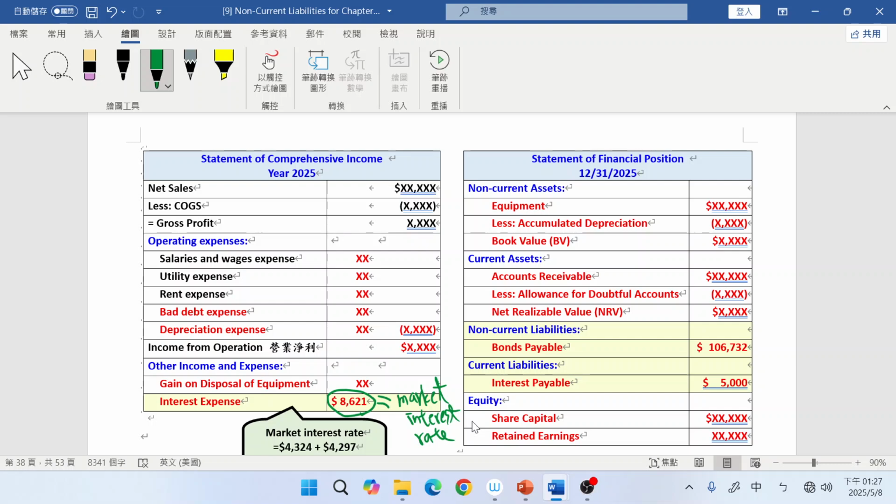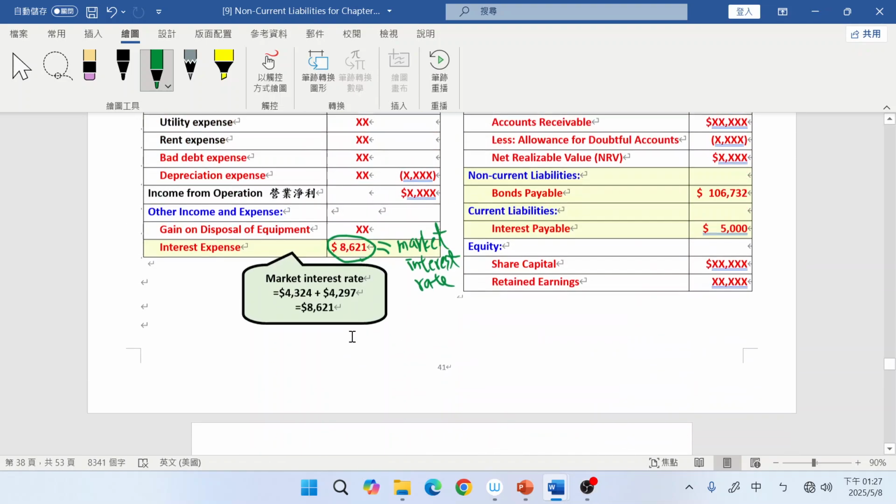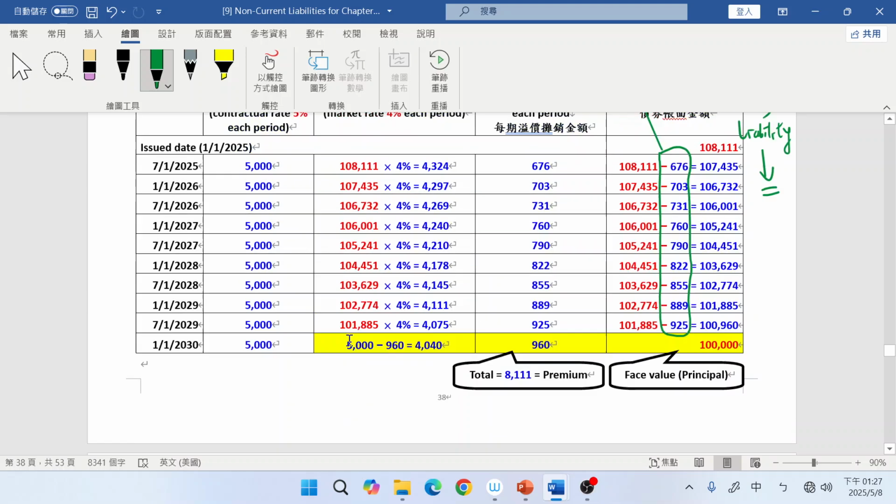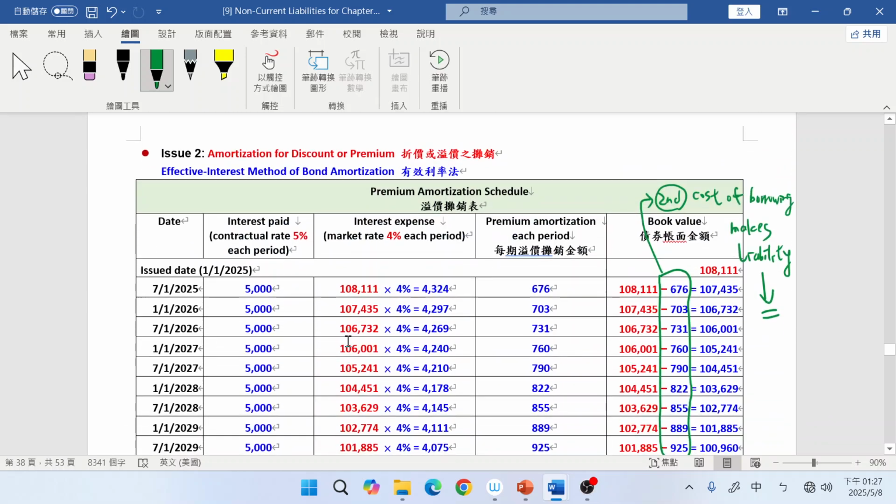You can look at the tables, right? Go back to the tables, how much? For 2025, you could combine these two periods to get the interest for year 2025, right? So when you want to prepare financial statements, the easy way is to look at the table. It will tell you the answer, okay?